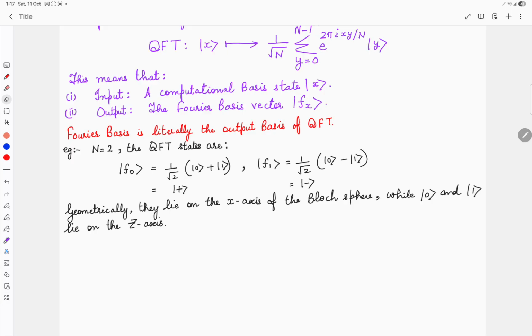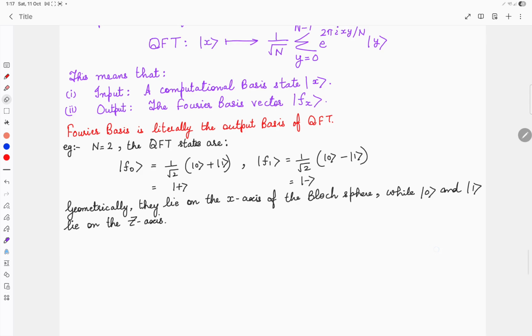Fourier basis states we obtain after we apply the QFT algorithm to the computational basis state, and we have also seen the inner values of the Fourier basis states, and how the Fourier basis states align themselves along the positive or negative x-axis, whereas the computational basis states align with the positive or negative z-axis. Thank you.